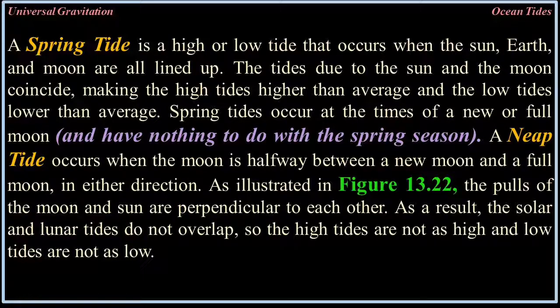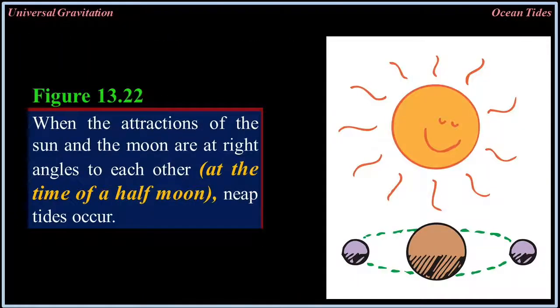Spring tides occur at the time of a new or full moon and have nothing to do with the spring season. A neap tide occurs when the moon is halfway between the new moon and a full moon in either direction, as illustrated in Figure 13.22. The pulls of the moon and the sun are perpendicular to each other.